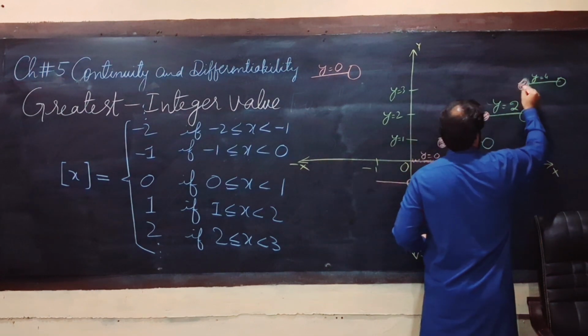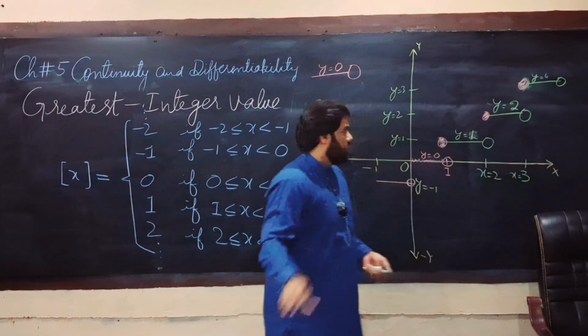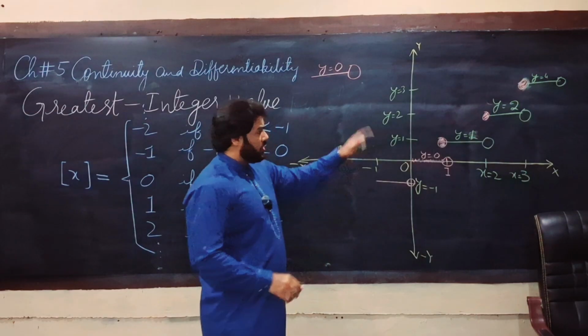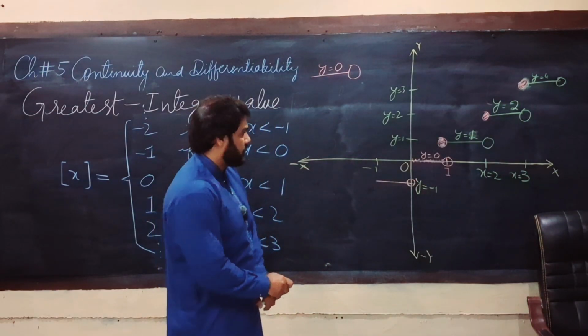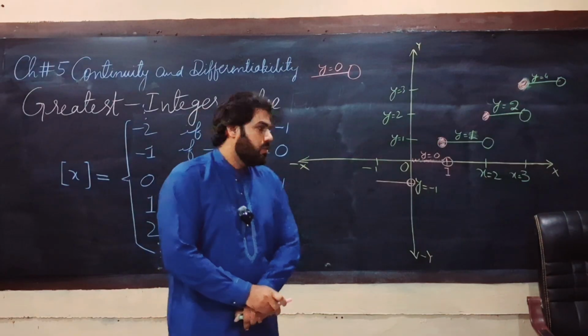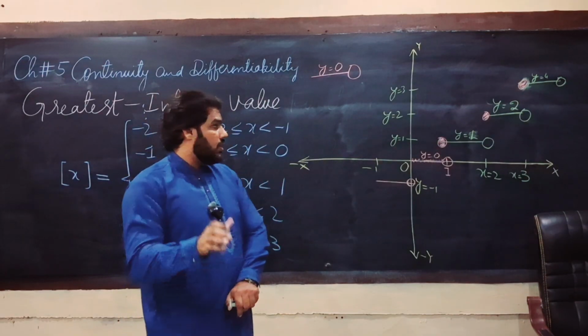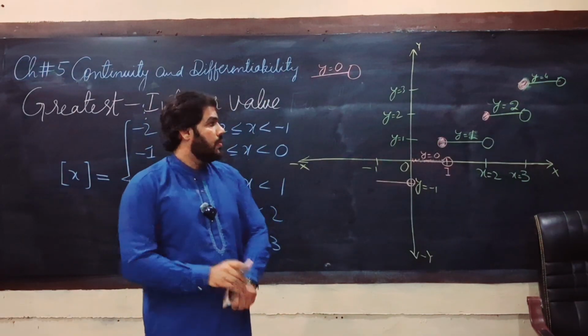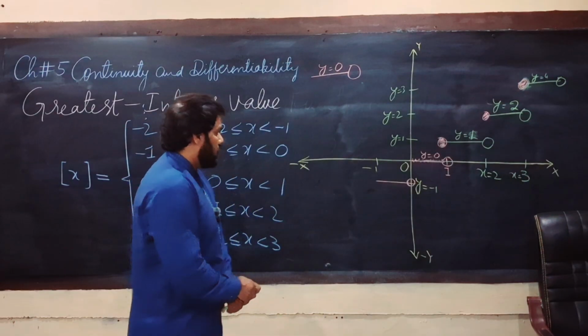If you do not want, then you can leave this solid circle. It is understood that the other part is included here, but you have to show the empty circle compulsorily.